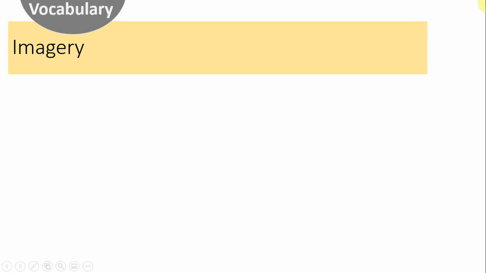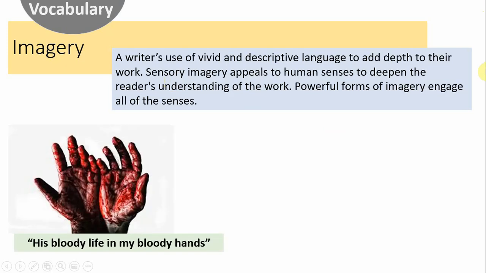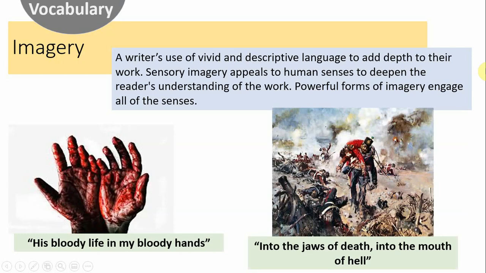Now our first piece of vocabulary today is imagery. Imagery refers to a writer's use of vivid and descriptive language to add depth to their work. That is sensory imagery, which appeals to human senses to deepen the reader's understanding of the work. Powerful forms of imagery engage all of the senses. It's not just visual. So in Remains, the image of "his bloody life in my bloody hands" creates this image of violence.